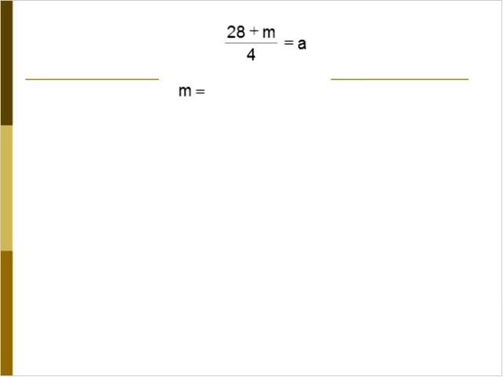Right. The last problem I'm going to work through today, I want to isolate the variable m. So I need to get rid of my division first. So I'm going to go ahead and multiply both sides by 4. Okay. Doing so will leave me with 28 plus m equals 4 times a, or a times 4.